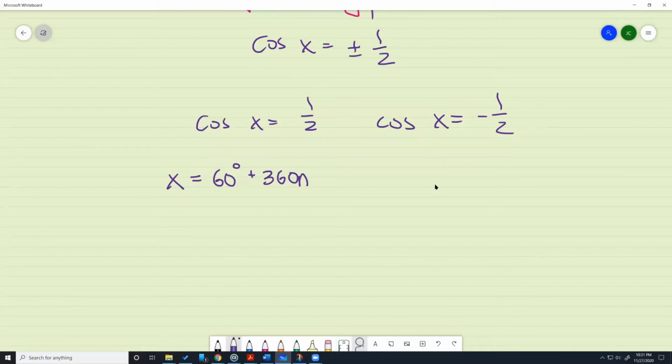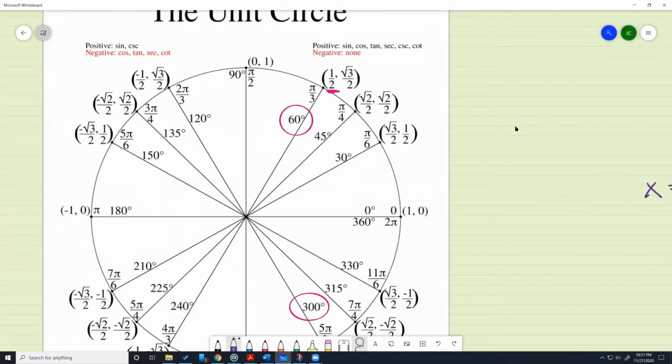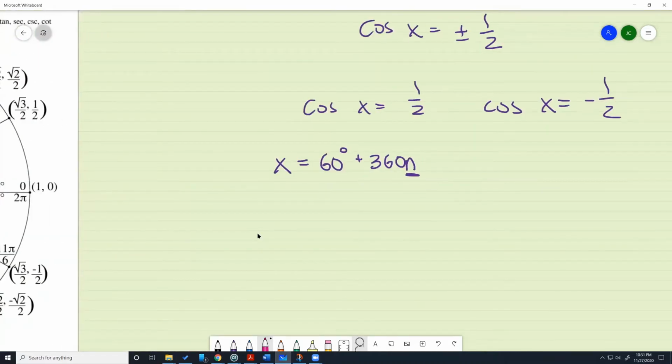I wrote it like this because what this means, assuming n is an integer, n equals 1, 2, 3, is that x doesn't just have to be 60 degrees. The unit circle is like a wheel, it can spin around. The next solution will be 60 plus 360, which is 420. Then it can spin around again, and you would add another 360. It would go on forever. So that's what I meant earlier.